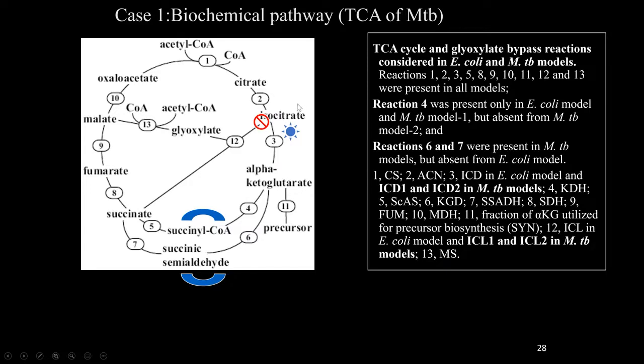Normally, when bacteria go into dormancy, it was found long back in E. coli, by none other than Ghosh, that there is an isocitrate dehydrogenase kinase, and that kinase deactivates ICD, which converts isocitrate into alpha ketoglutarate. So enzyme number 3 can be inhibited so as not to allow the flow.